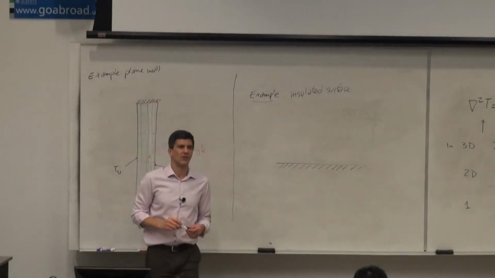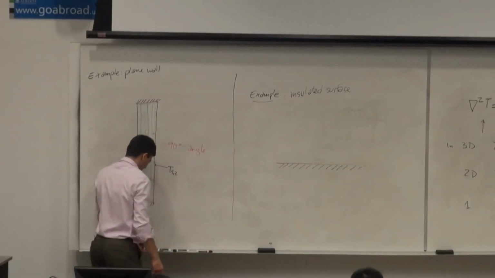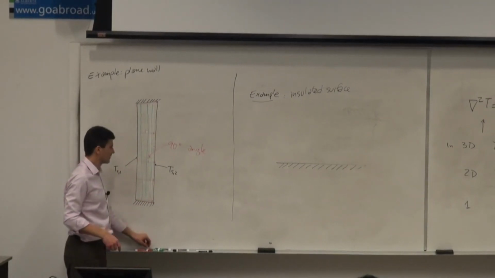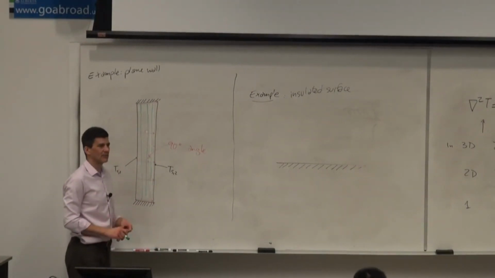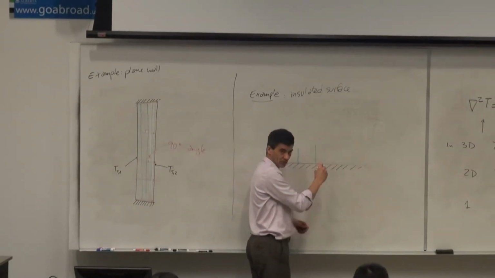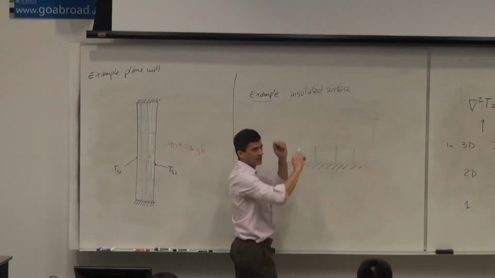All right. Tell me what the isotherms look like near this insulated surface. What do the isotherms look like? That's what you're saying, right? I don't know how they go far from the surface.